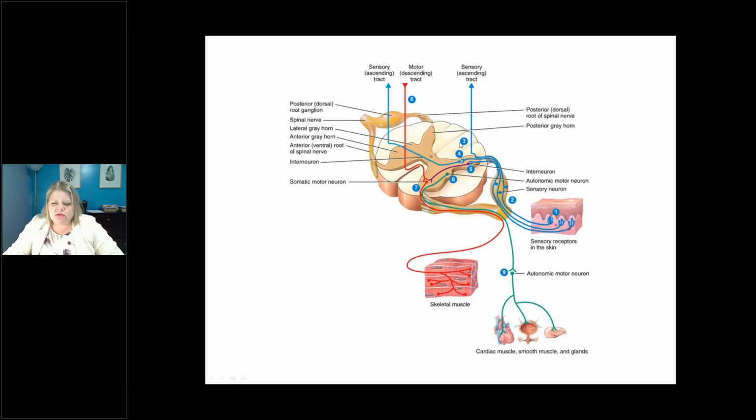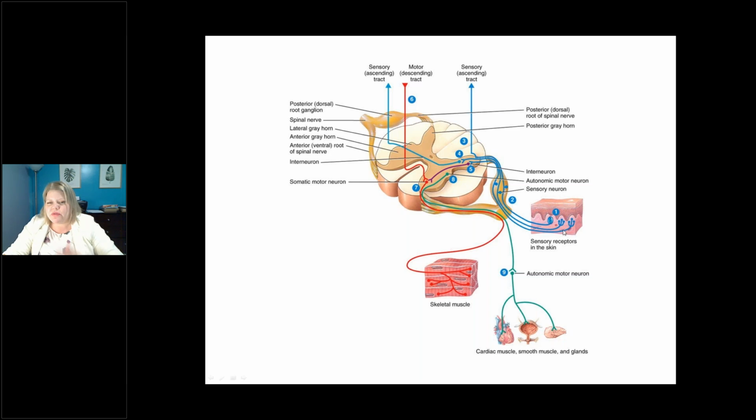I just wanted to give you a little visual about that reflex arc again, when we're talking about the gray horns, as well as the ascending and descending tracts, and the dorsal and ventral roots.